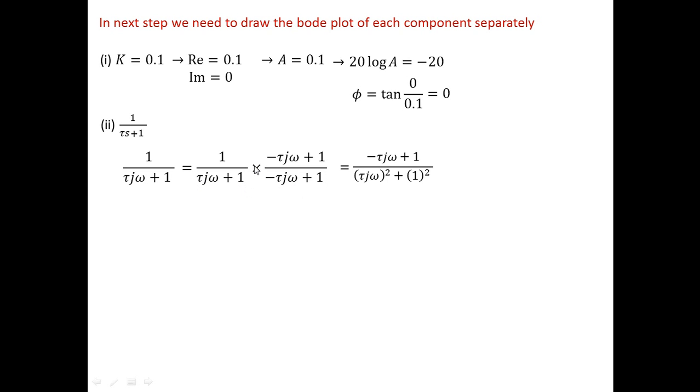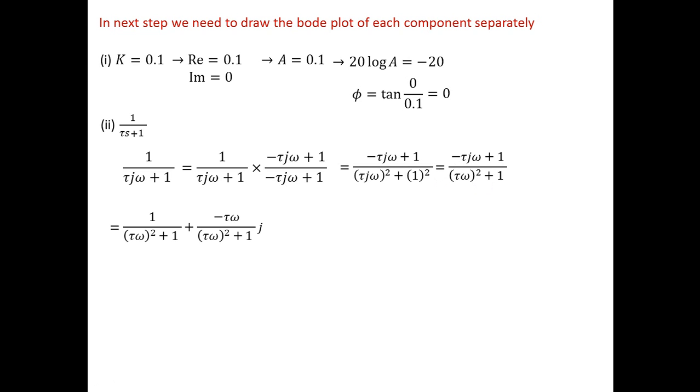By doing this multiplication, I will have (minus tau j omega plus 1) over (tau omega) squared plus 1.